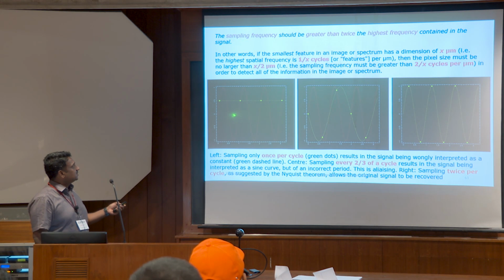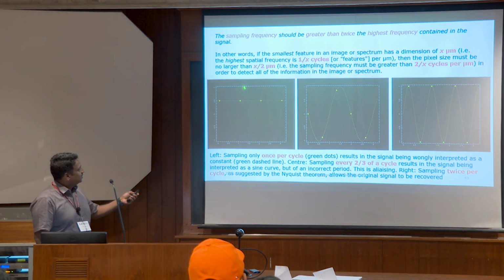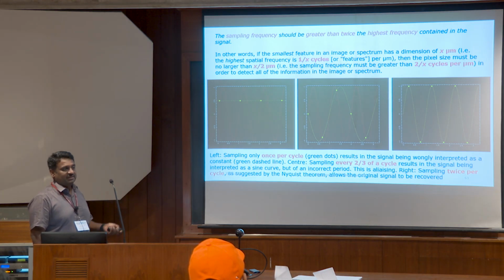It's called the Nyquist criteria. If you have a sinusoidal wave, and I take readings at a certain frequency, then if I don't know the original function, I will say this is a straight line, right?